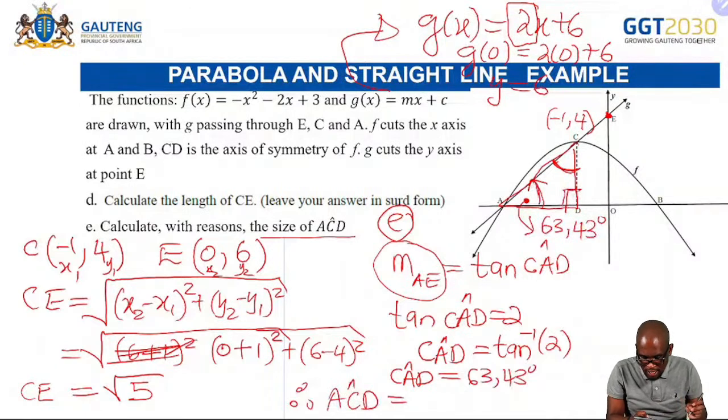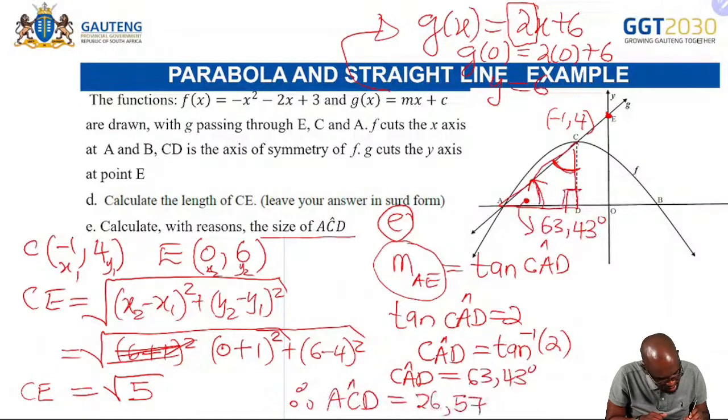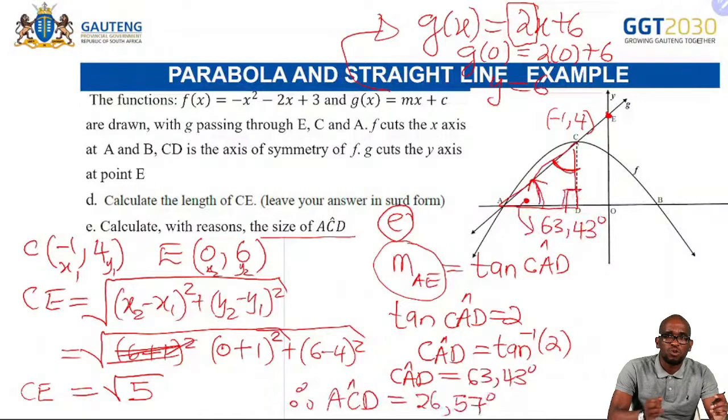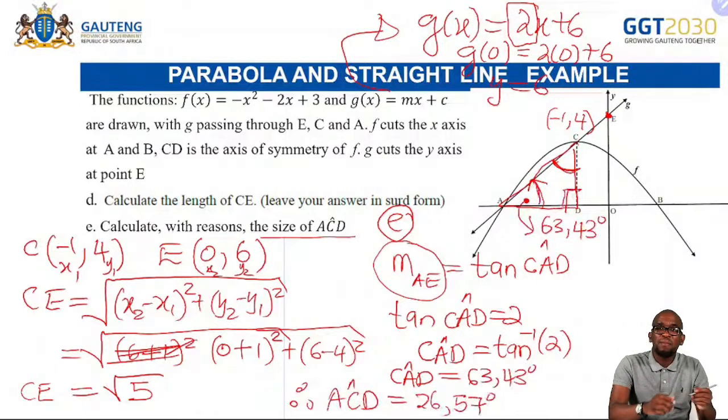This gives us an angle of 26.57 degrees. So that's how you find that angle. We are using analytical methods. You can see that this question is integrating paper 2 concepts together with paper 1 concepts.